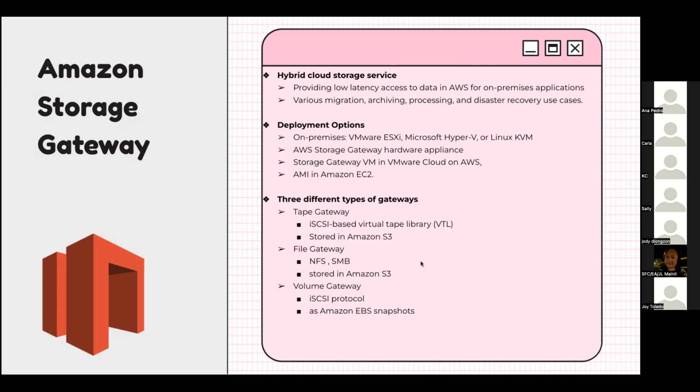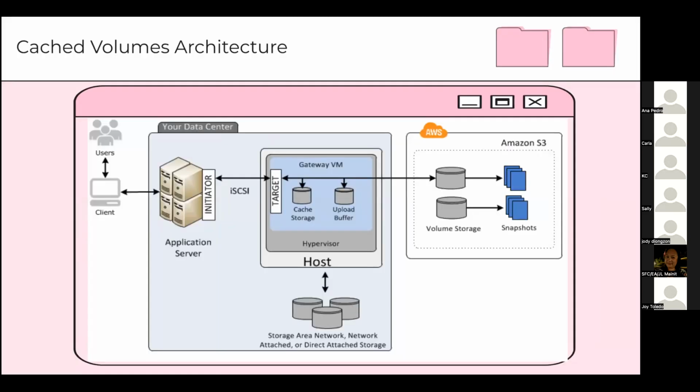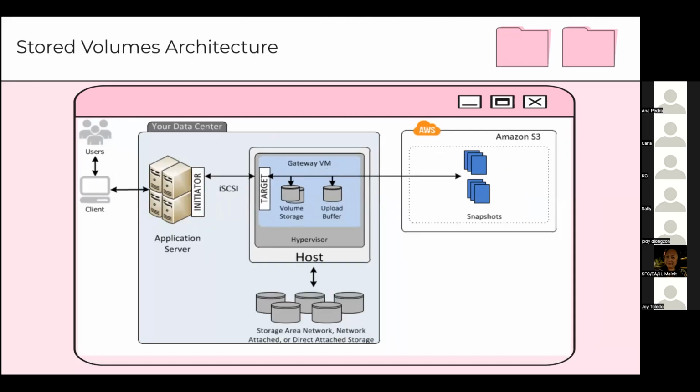If you're doing a file gateway, NFS or SMB, this is stored in Amazon S3 as an object. For volume gateway, so hard disks, using SCSI protocol, this is stored as an EBS snapshot, so that you can restore this as an EBS. Depending on your storage gateway, you can have either a cached volume or a stored volume.